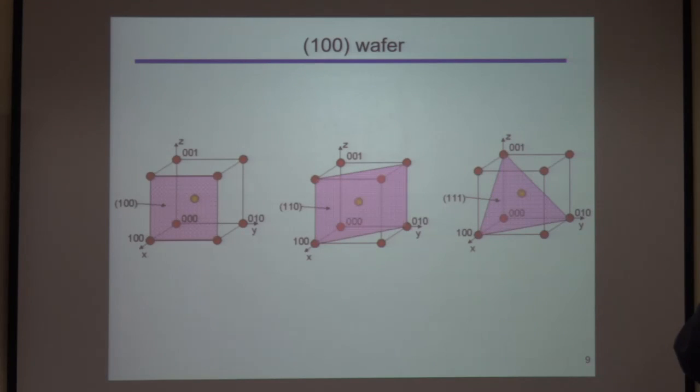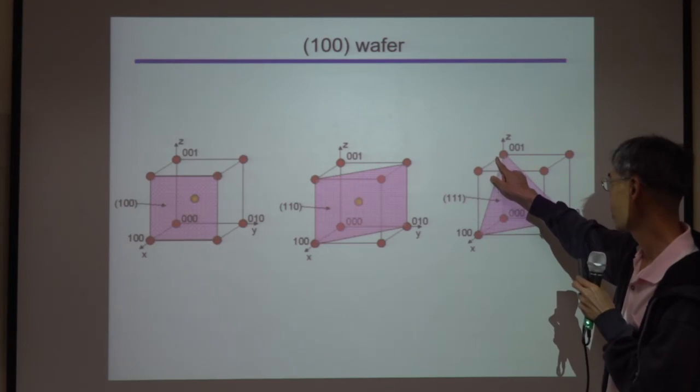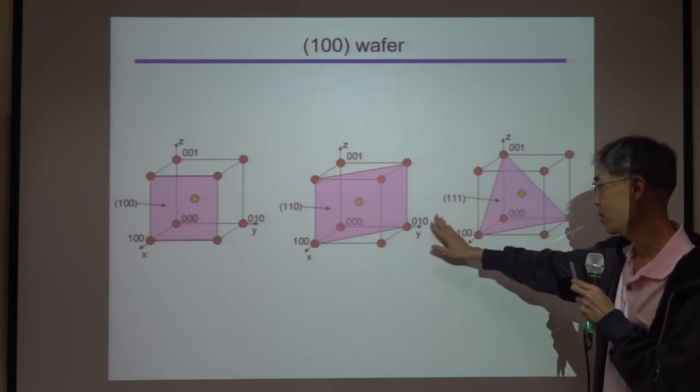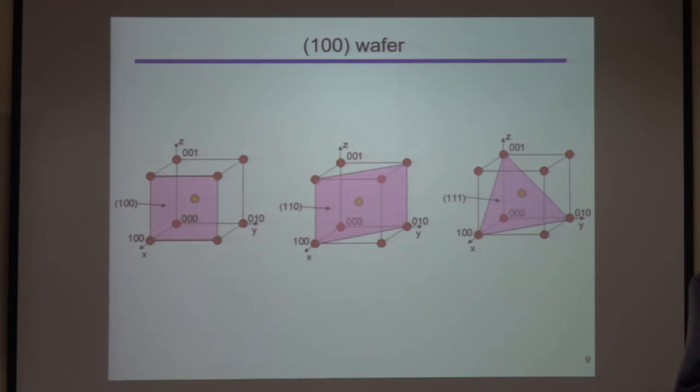We have more atoms on the 111 surface compared to the 110 and 100 surfaces. The 111 surface is the most dense, most populated surface. Okay, so that's why the 111 surface is not easy to attack.